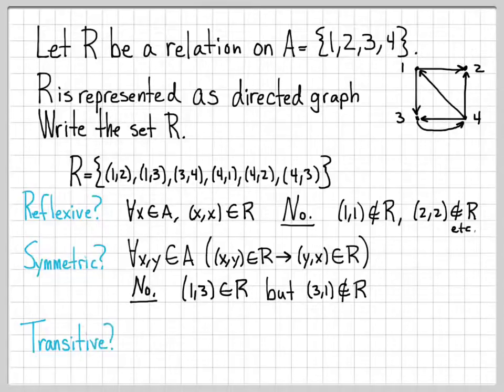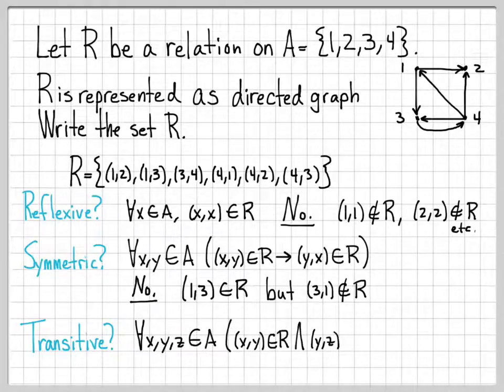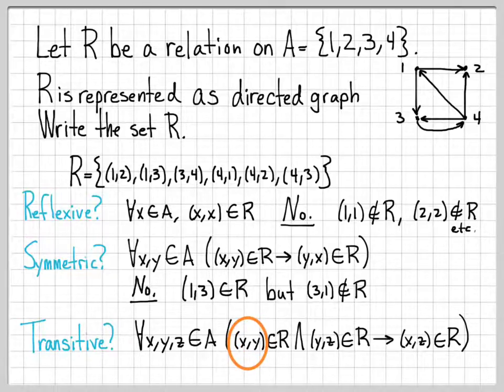And then finally, what about transitive? Is this a transitive relation? What do we mean by transitive? Well, for all x, y, and z in the set A, when x, y is in R and y, z is in R, this needs to imply that x, z is in R. The way I like to think about this is I pick some element x, y in R, and then I find any other element y, z in R, but I need to make sure that the interior coordinates match up, x, y, y, z.